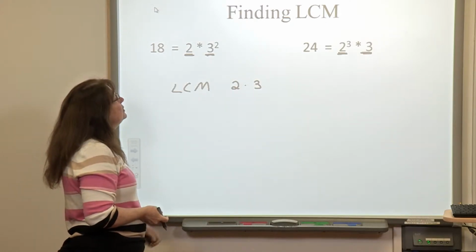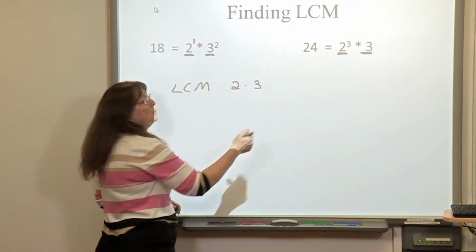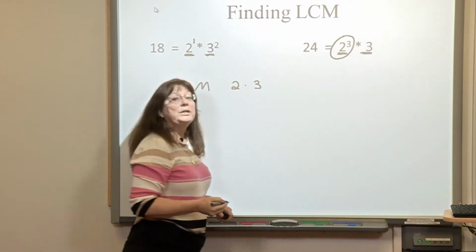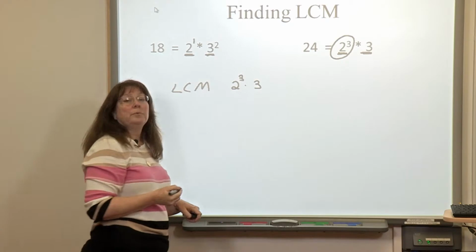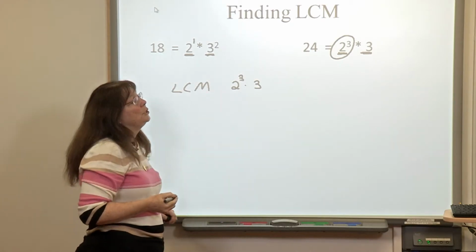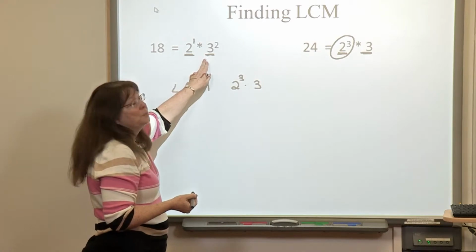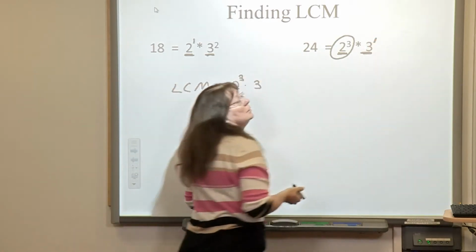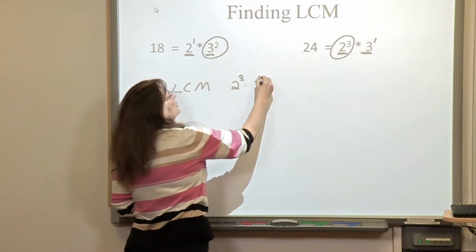So when you're taking a look at this first one, here's 2, it's just to the first power. Here we have 2, and it's to the third power. We have more of these. There are 3 2's multiplied together. So I'm going to need to make sure I use whichever one has the most. We'll be using 2 cubed. Do the same thing for the 3's. Here we have 3 squared, and here we have 3 again to the first power. 3 squared is going to be more, so I'm going to use the 3 squared.